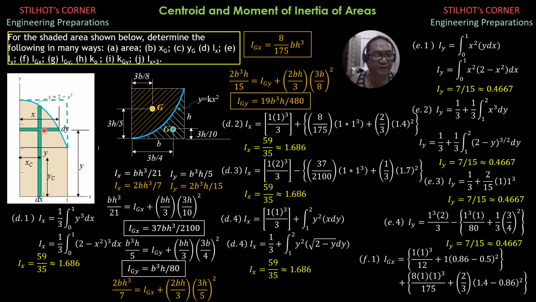So 1.4, which is 2 minus 0.6, then minus 0.86 quantity squared. So calculating, that is equal to 4757 over 10,500, or in decimal 0.4530. Let's continue the solution on the next slide.